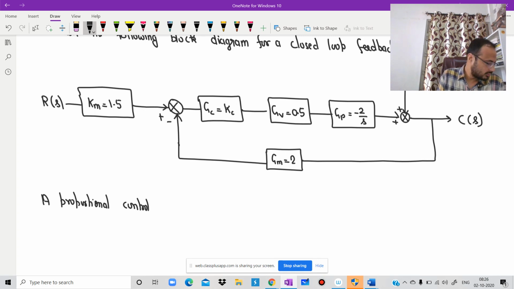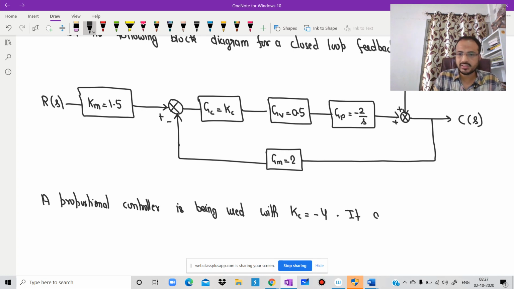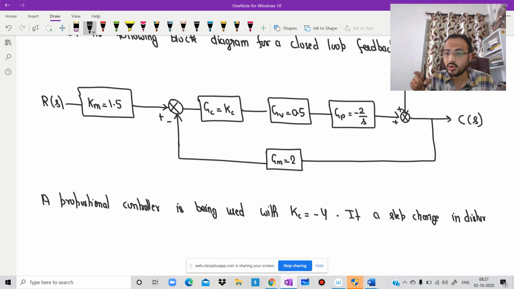A proportional controller is being used with Kc is equal to minus 4. If a step change is introduced in disturbance, it means it is not servo, it is a regulatory problem.